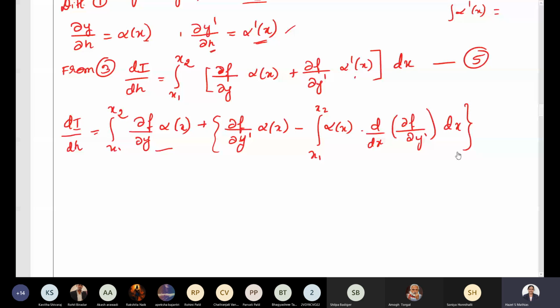If I consider ∂f/∂y dash as the first term and alpha dash of x as the second term, it is first term into integration of second term. So integration of alpha dash is alpha of x. Then minus integration of the integrated term, that is alpha x, into differentiation of the first term, so d/dx of ∂f/∂y dash into dx. I hope this is clear, everyone.